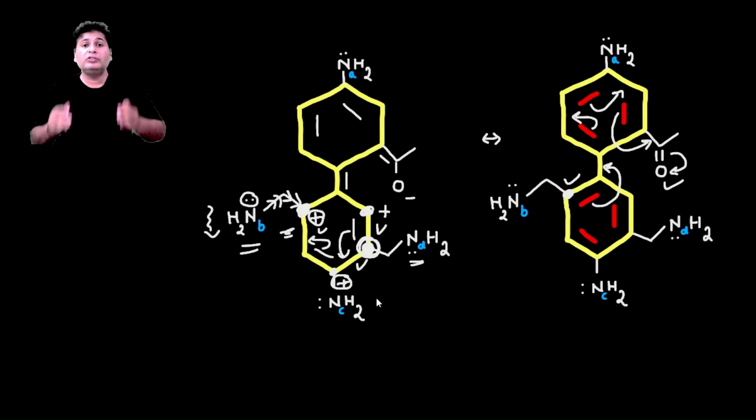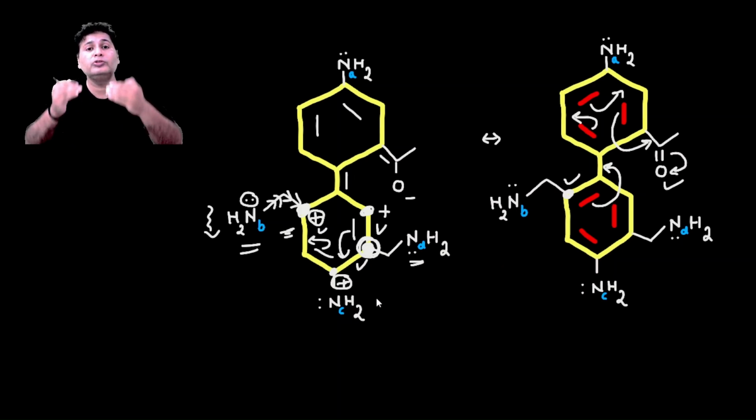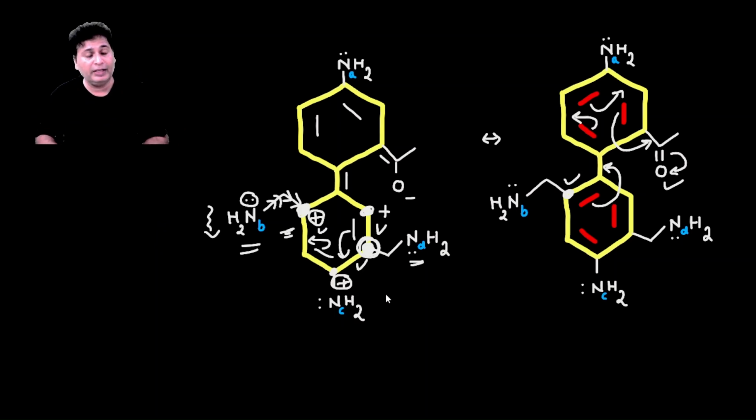Why? Because the plus charge is coming close to nitrogen number B, and therefore it pulls the electron harder. On the other hand, it does not come that close to nitrogen number D, because the plus charge hops from one neighbor to another neighbor without coming to this particular position.